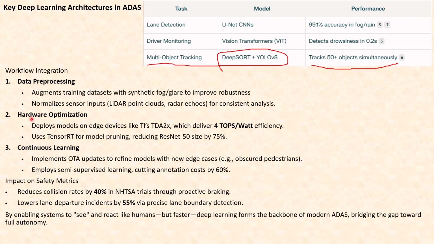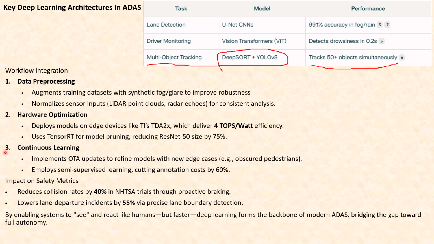And next comes hardware optimization, which deploys models on edge devices like Texas Instruments TDA2x, delivering 4 tera operations per second per watt efficiency. Now, this is able to do this many operations per second with a single watt. This is very important. This is where hardware optimization comes into the picture. And it also uses TensorRT for model pruning, reducing ResNet-50 size by 75%.